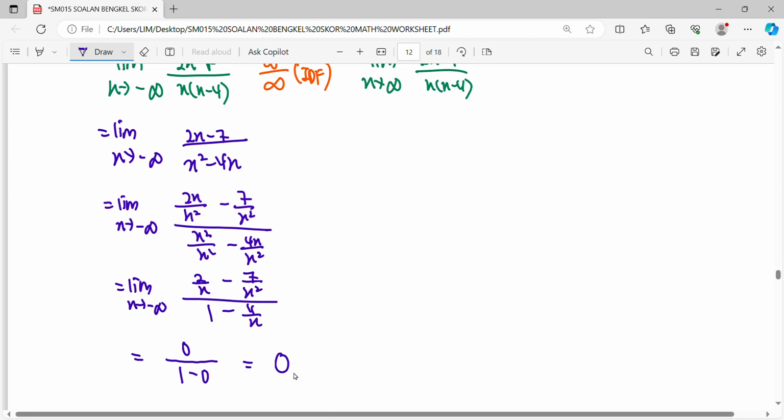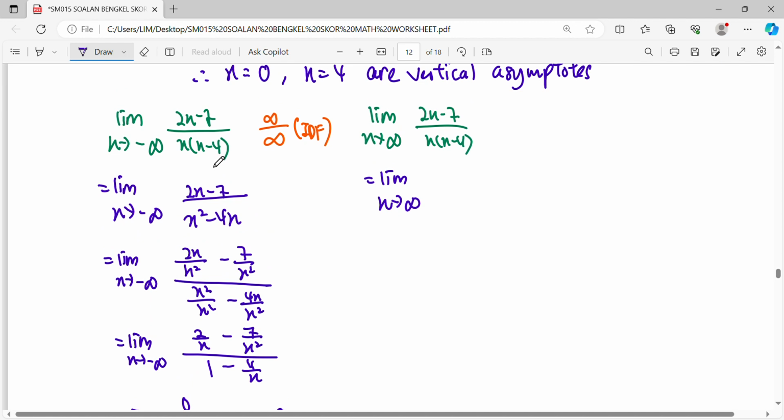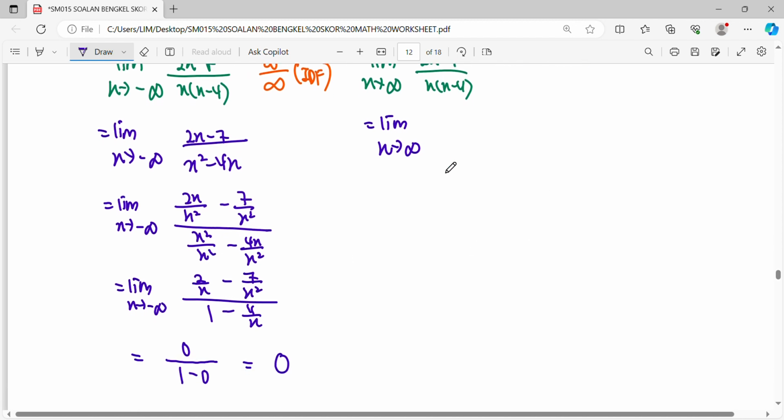So we go for the other part: limit as x approaches positive infinity. Same function, right? What do we need to do here? Expand first. Looking at your highest power, it is x squared. So we divide by the same thing. After we simplify, we get this.